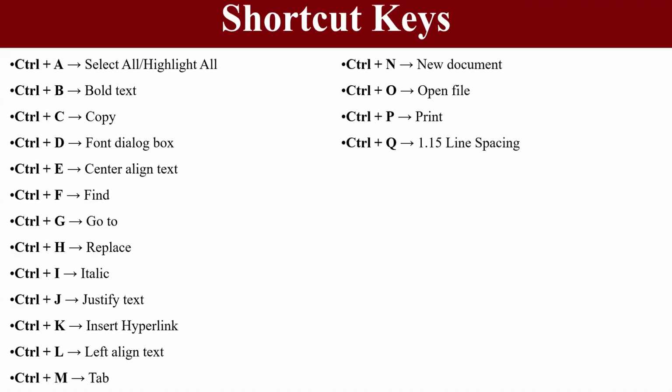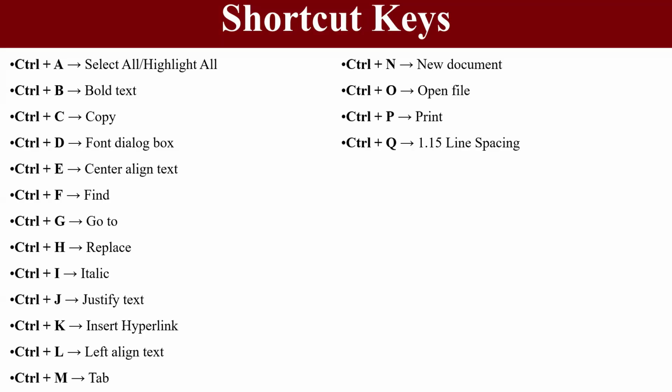Then we move to Control Q, that is 1.15 line spacing. Line spacing, I think we discussed that in the homepage. When we were explaining the homepage, we discussed 1.15 line spacing.